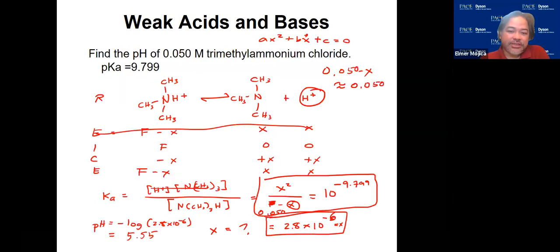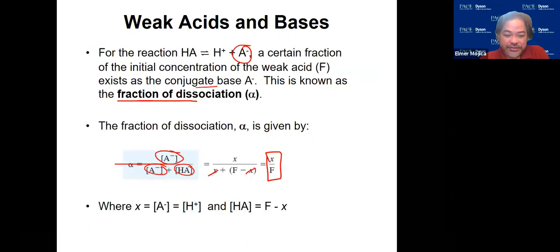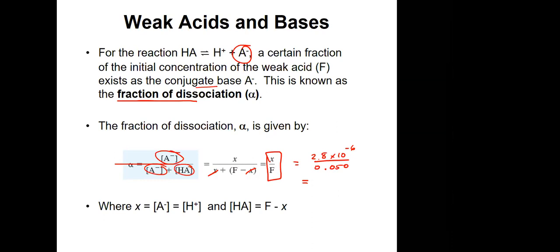So if you're asked what is the fraction of dissociation for this concentration, so you will have what? 2.8 times 10 to the negative 6 over 0.050. And that would be equal to what? 5.6 times 10 to the negative 5.